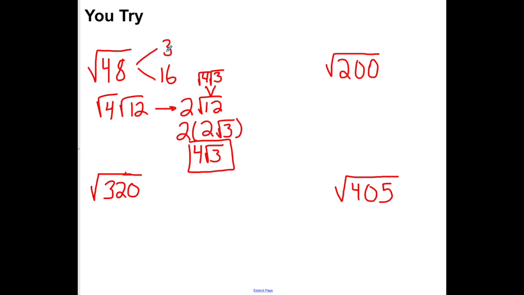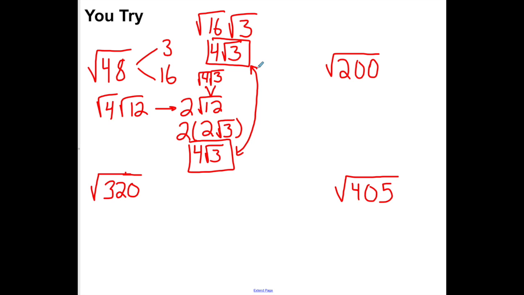So we can find a bigger perfect square that goes into 48: 16. If you had written it as the square root of 16 times the square root of 3, the square root of 16 is 4, and the square root of 3 stays the square root of 3.